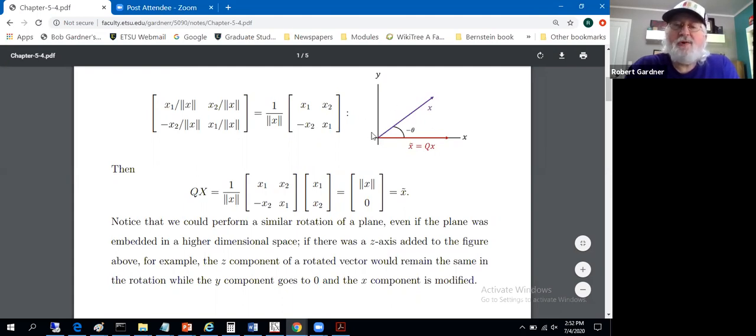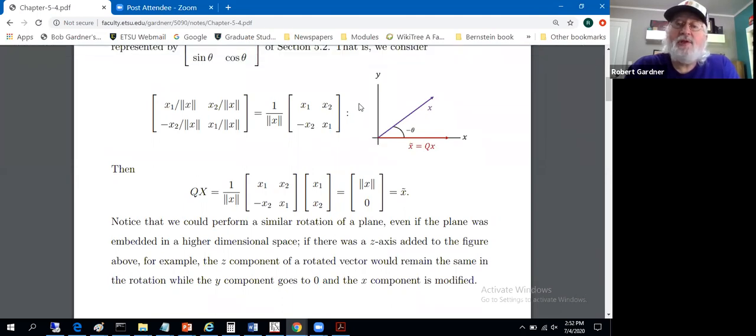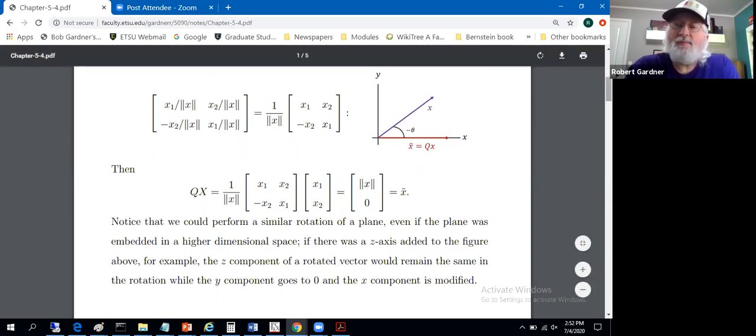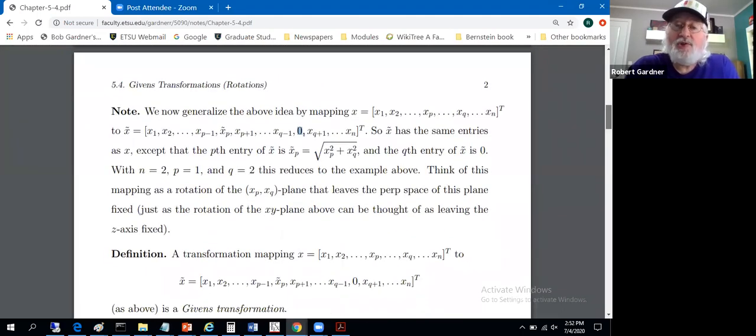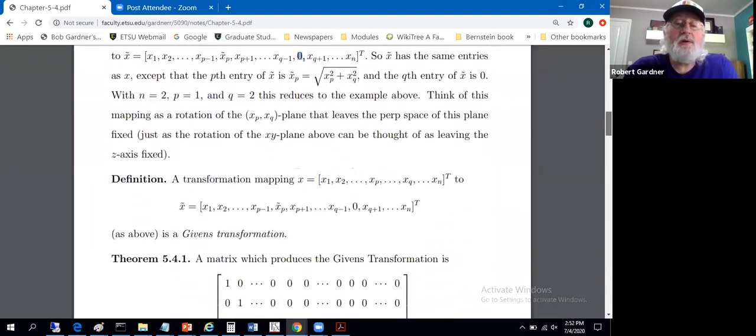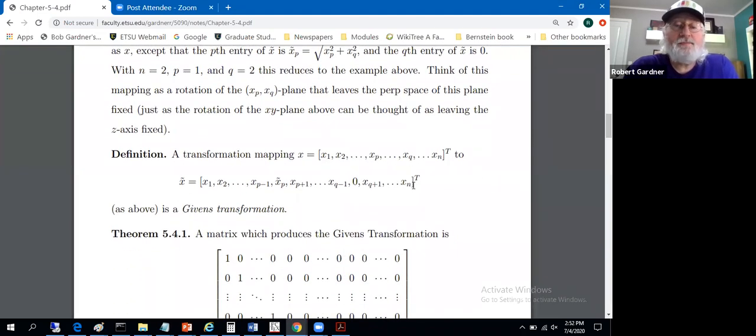And in general, you might have an n-2 dimensional perp space to this 2-dimensional plane. And the geometry is the same as you'd have in 3 dimensions. Well, it's hard to visualize, but the geometry is the same in terms of what this type of manipulation, which we're calling a rotation, only in higher dimensions, what that represents.